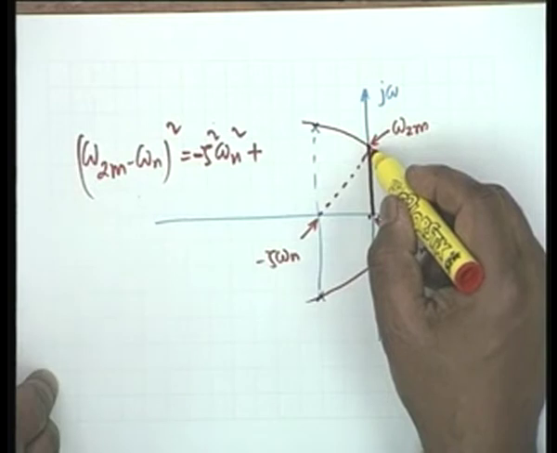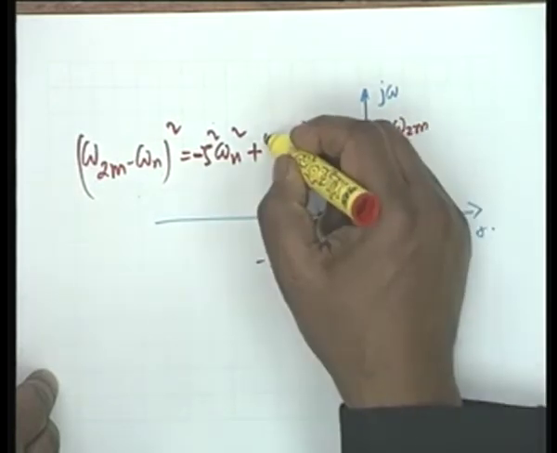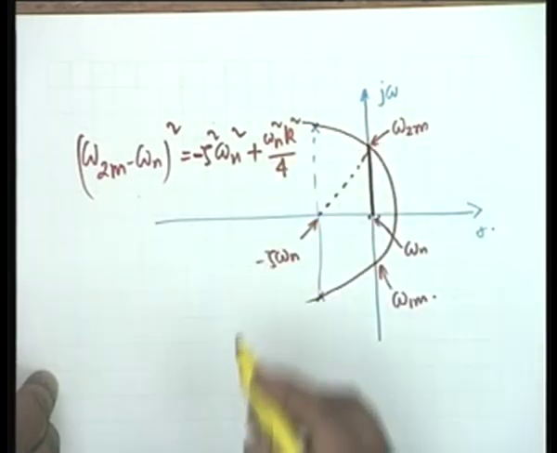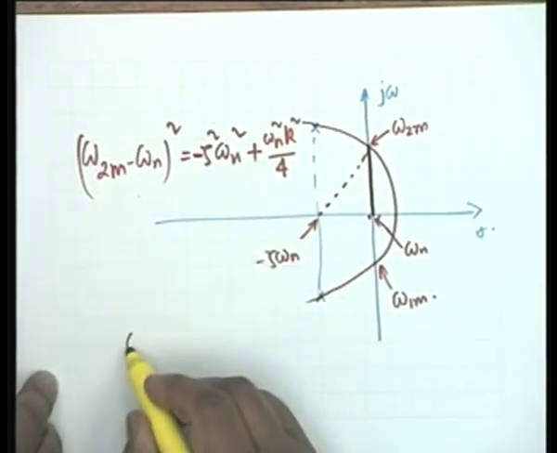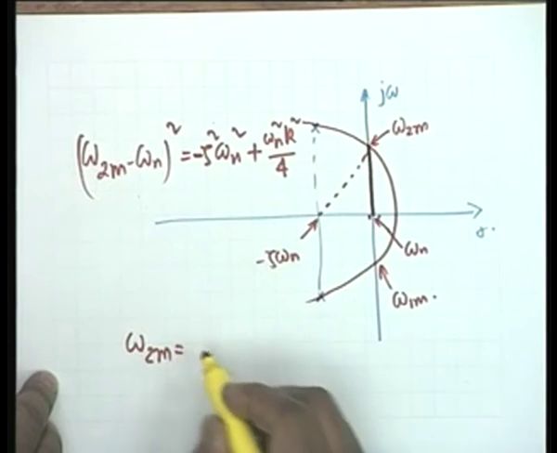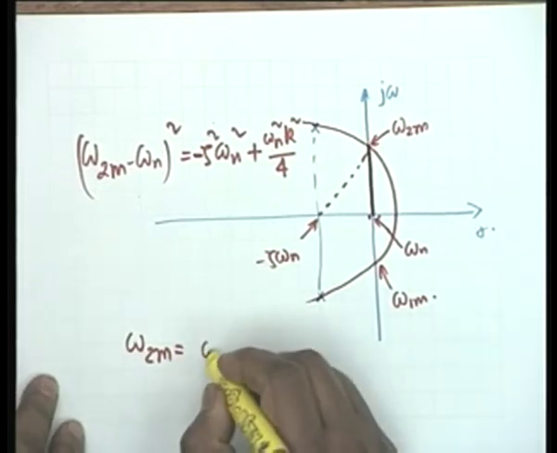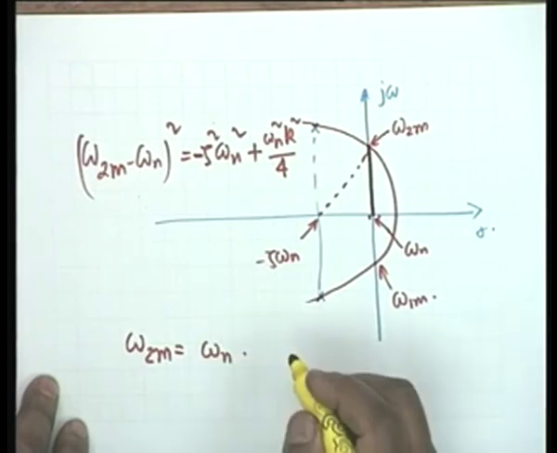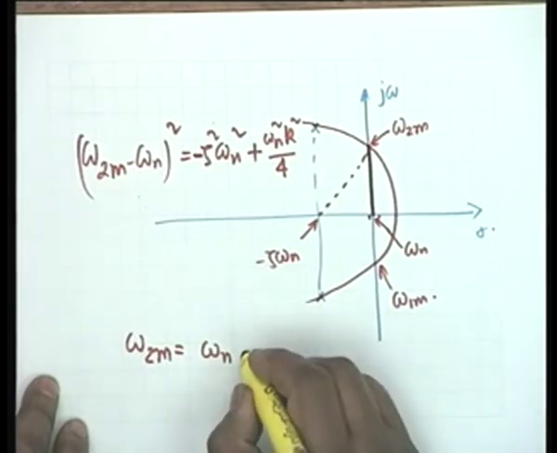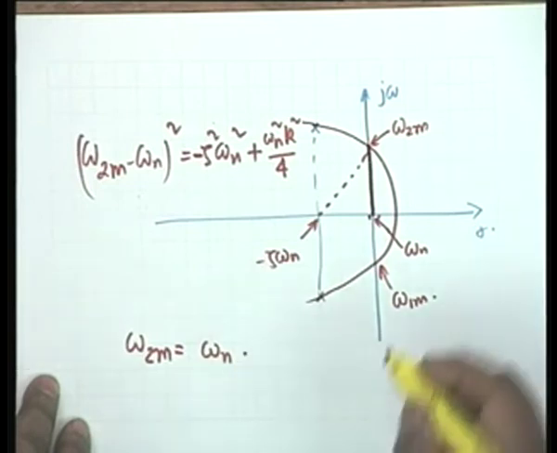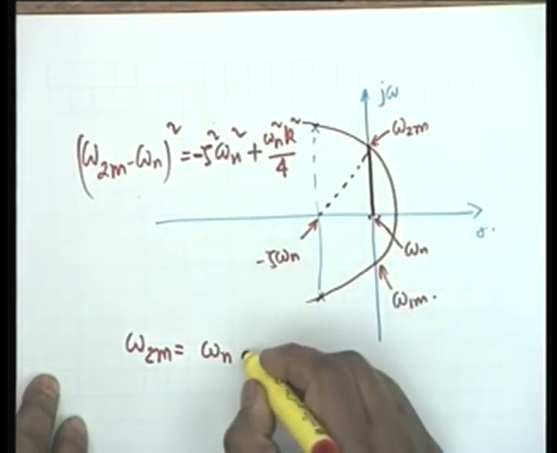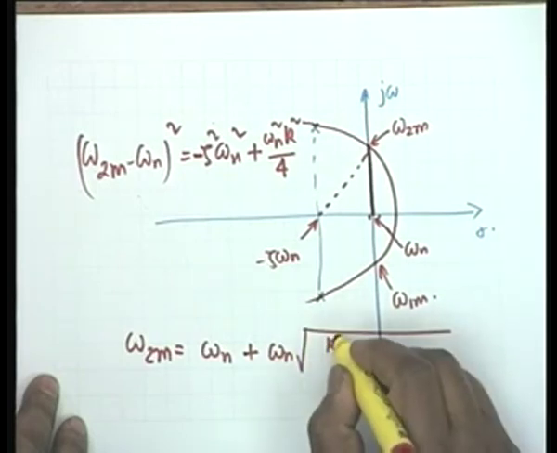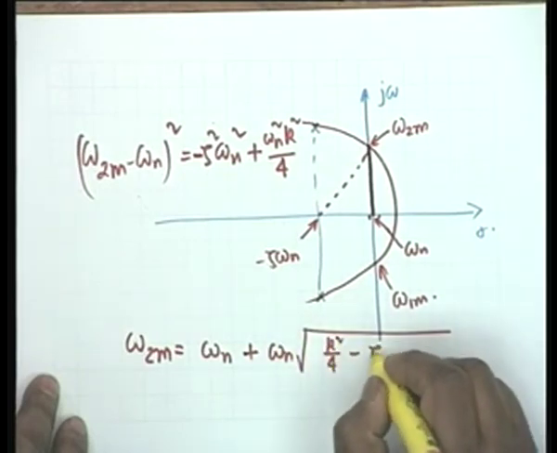This is the radius, omega n k by 2, so omega n squared k squared divided by 4. By simplifying this, you can find out omega 2m as equal to omega n minus or plus? Common sense, it is above omega n, so it must be plus. Plus omega n square root of k squared by 4 minus zeta squared.